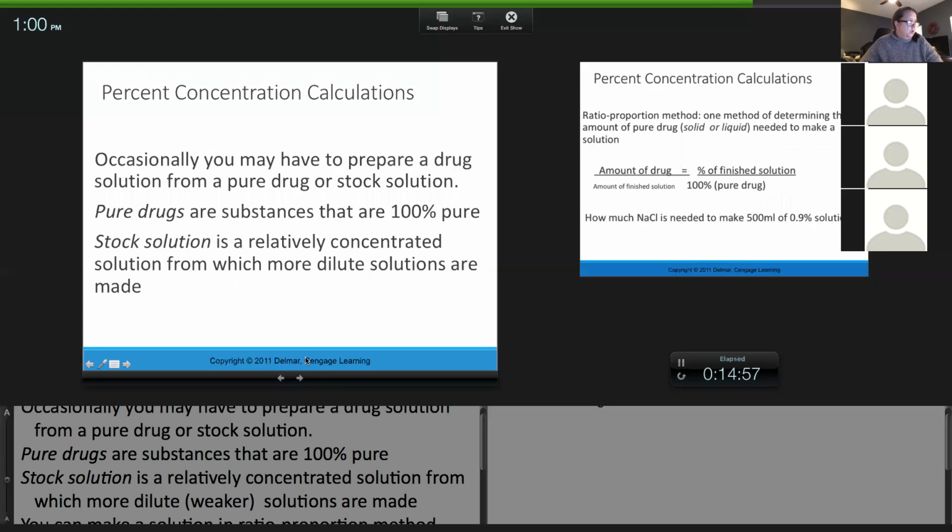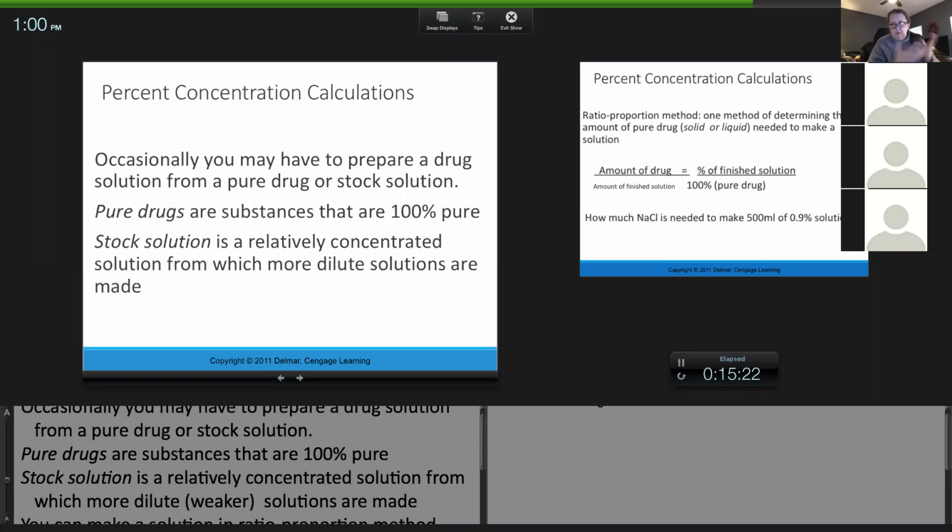Let me go to a percent solution. If you have a pure drug, a pure solution, like what I just said, rescue, you have your pure drug or pure chemical. You have your stock solution, which is either your mop bucket, your spray bottle, or in a lot of cases, a bag of fluids.